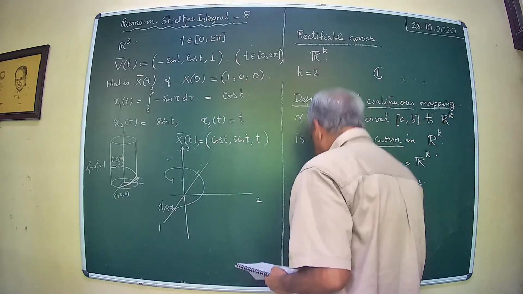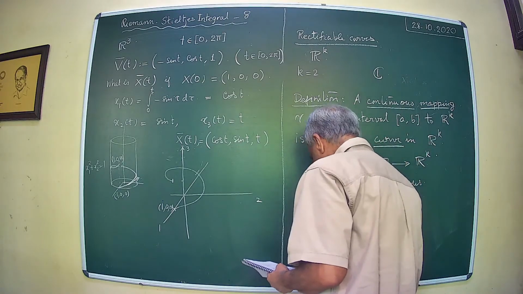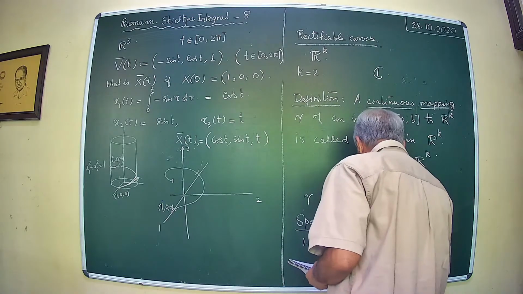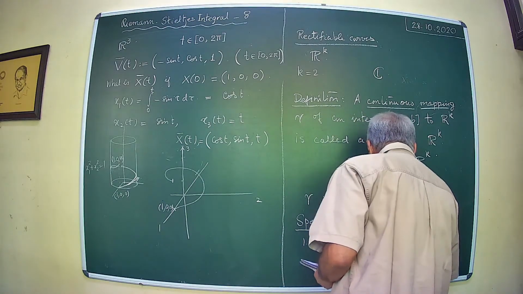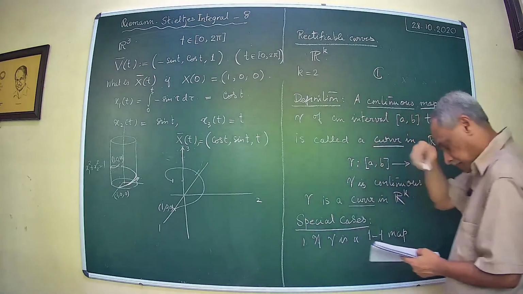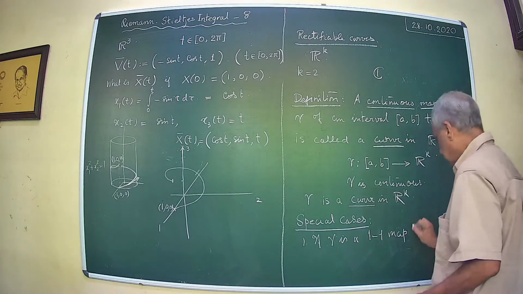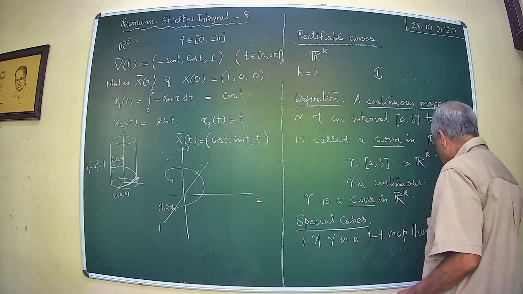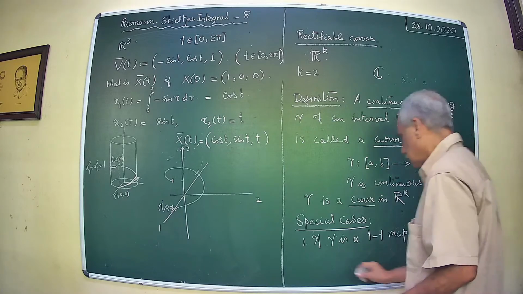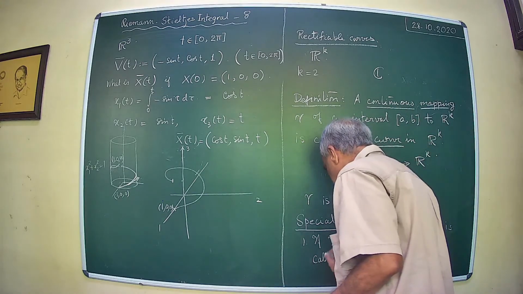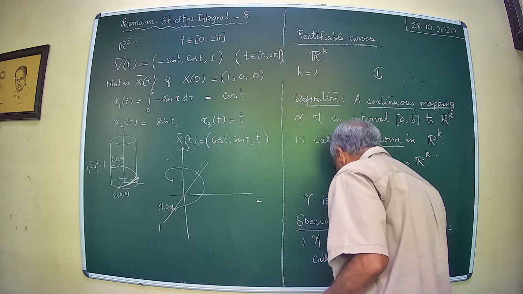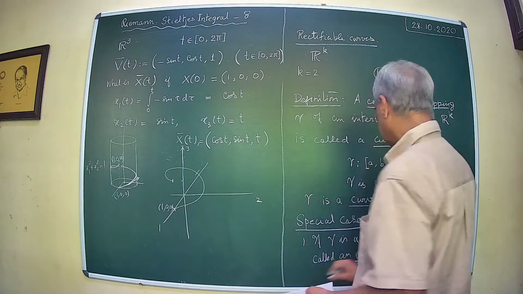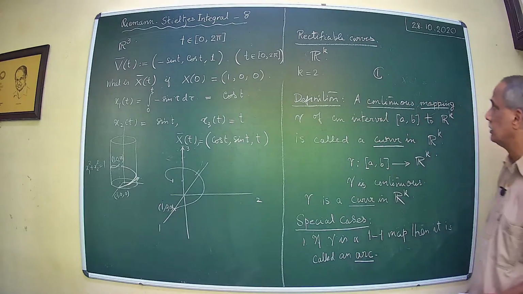The first one is if gamma is a one-to-one map, then it is called an arc. Which means the following.